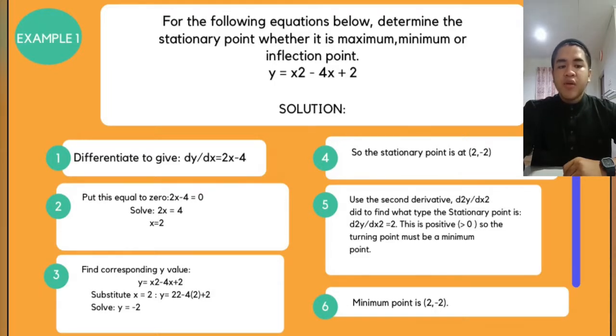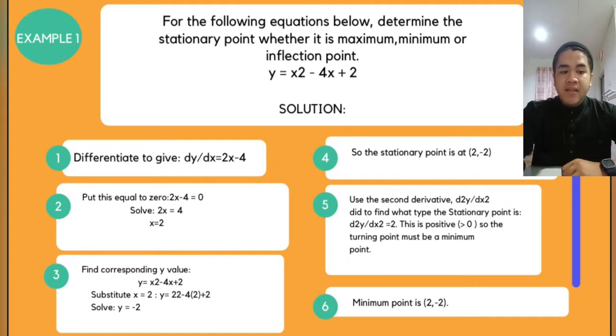Step 2: put this equal to 0, 2x minus 4 equals 0. Solve, 2x equals 4, x equals 2. Step 3: find the corresponding y value. y equals x to the power of 2 minus 4x plus 2.